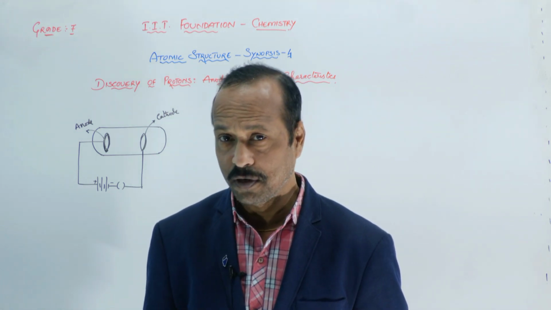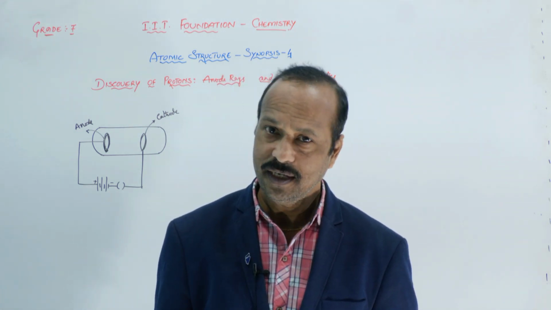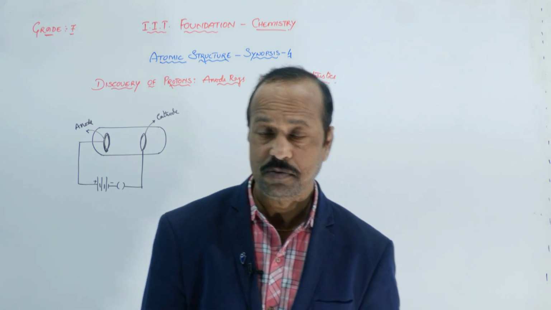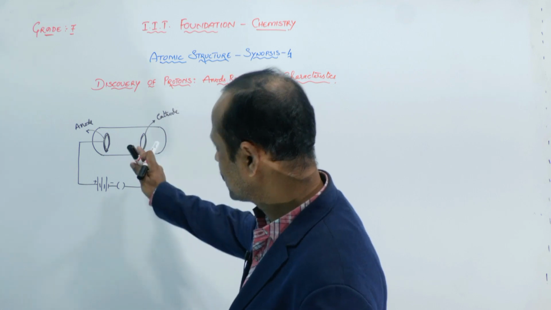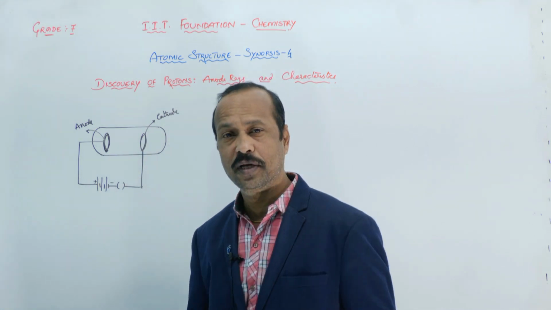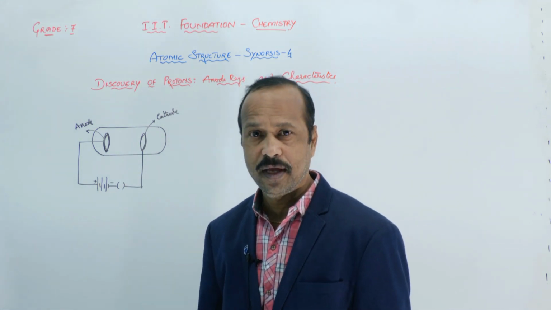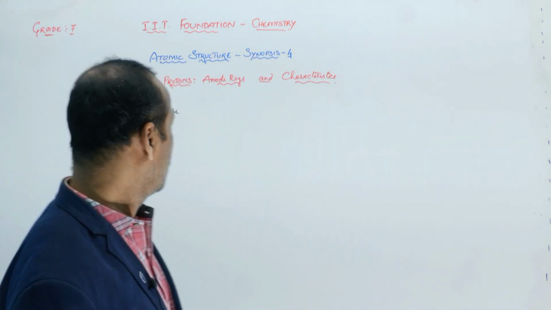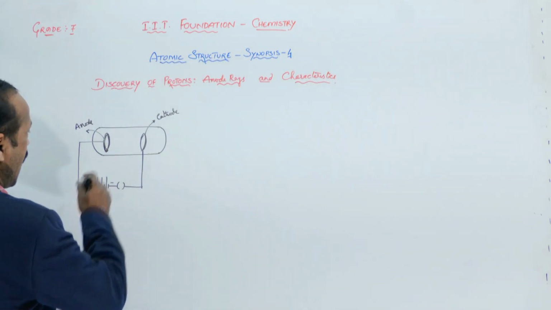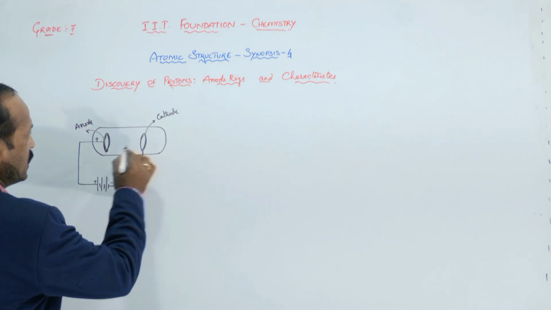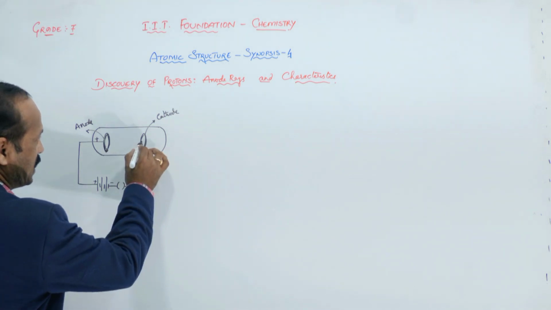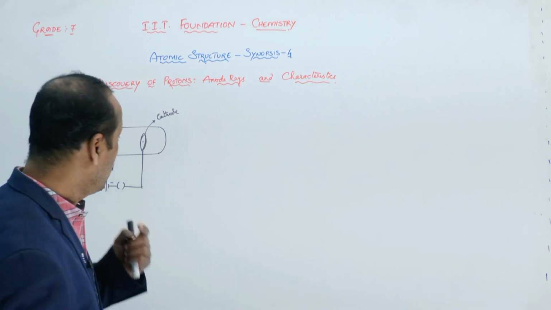How is this positive charge present? For that, he conducted the same discharge tube experiment, and during this time, this is the anode, the positively charged electrode, and this is the cathode, the negatively charged electrode, right?